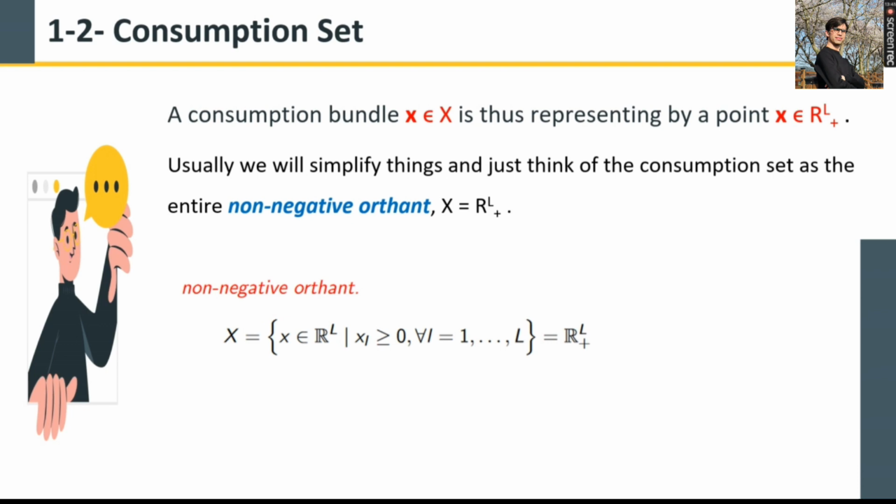But here we think about it as a member of the real numbers with L dimension, but non-negative. We are simplifying things here. Usually we will simplify things and just think of the consumption set as the entire non-negative orthant.